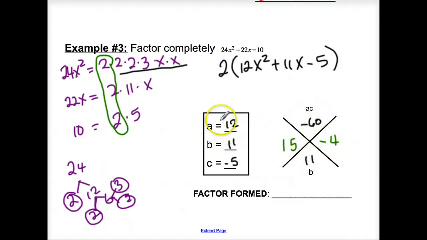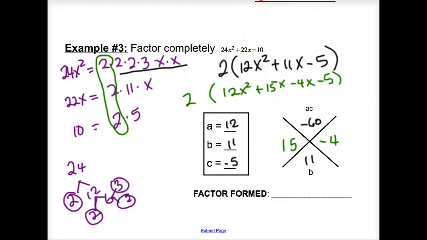Now, because A is greater than 1, I'm going to keep this 2 outside. And then I'm going to replace my B term. So replacing my B term is 12x squared plus 15x minus 4x minus 5.